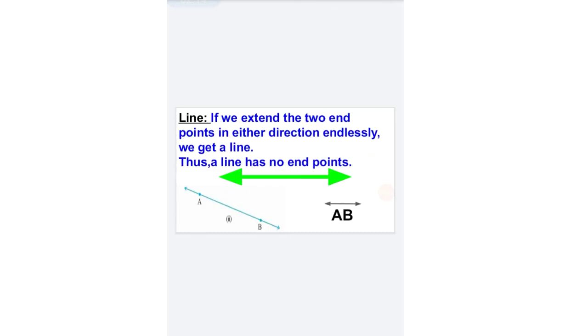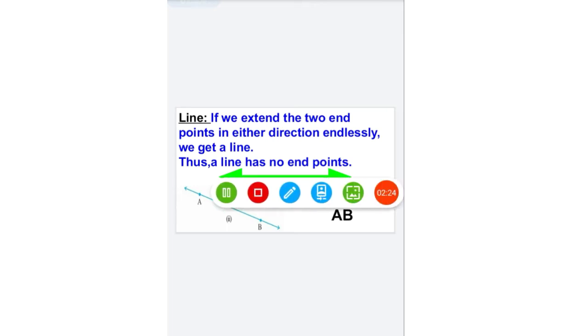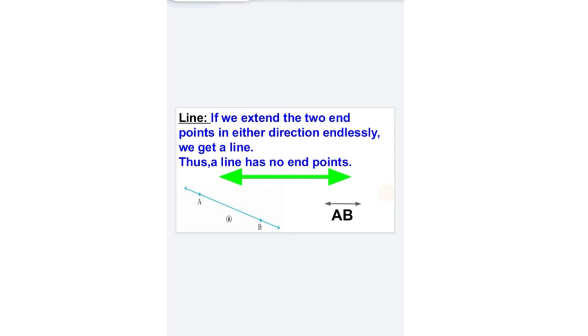Now we all know that a line segment has two endpoints, but in the case of a line, both the endpoints can be extended. That is why we have arrows on both ends. An arrow represents that we can extend it endlessly.